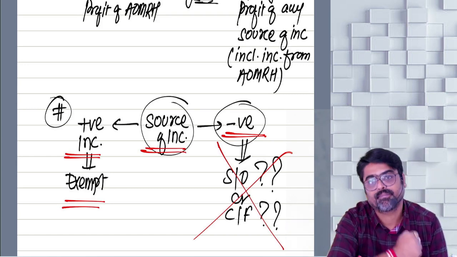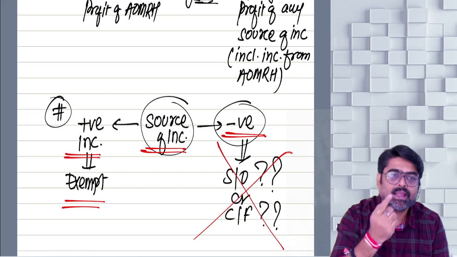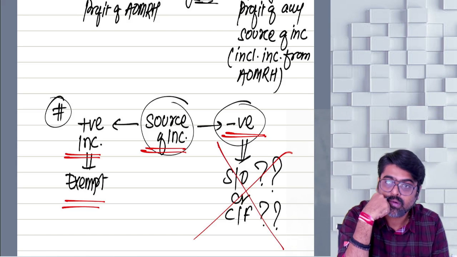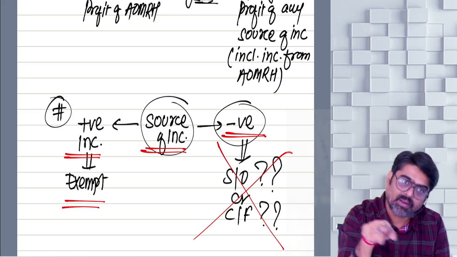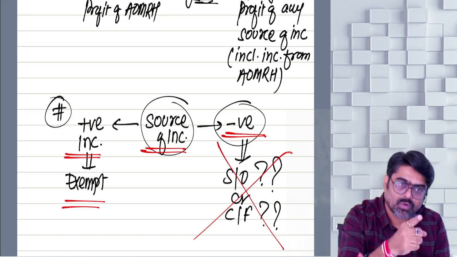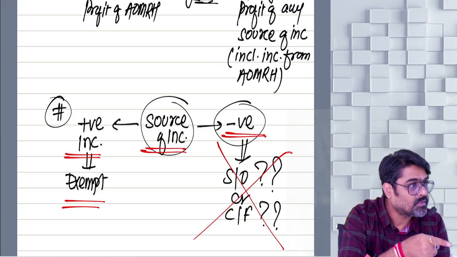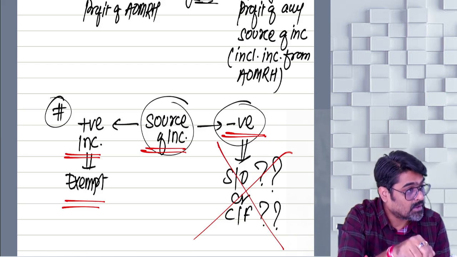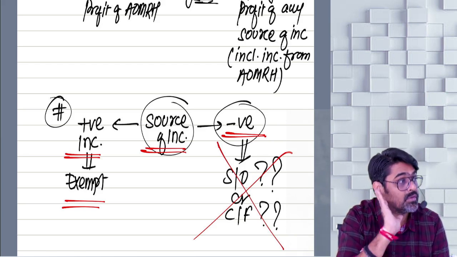Supreme Court judgment. If the positive income was coming from that source, we were exempting, no? Then if the negative income is coming from that same source, don't claim it as a set off or carry forward. We are not going to allow any set off or carry forward of these losses.